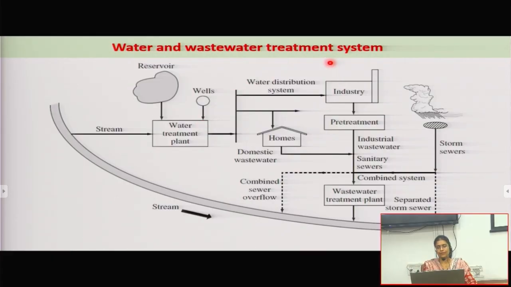Then after utility, it escapes as wastewater. I could have a provision of clubbing the wastewater with storm sewage, and then go for a combined sewer system wherein that particular sewage needs to be treated. So we call it a wastewater treatment plant. Today's class will be looking at the unit operations which we place in the water treatment or in the wastewater treatment plant.